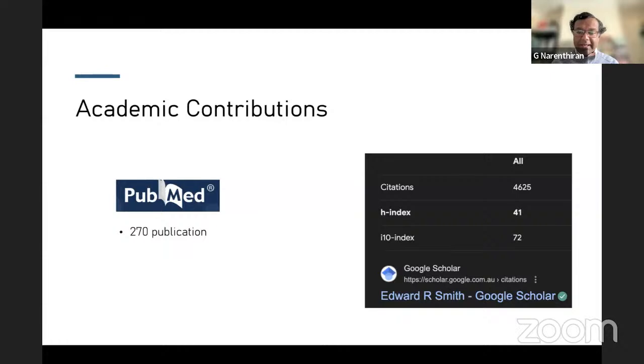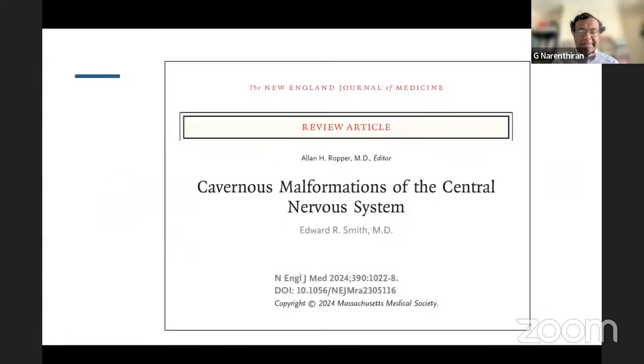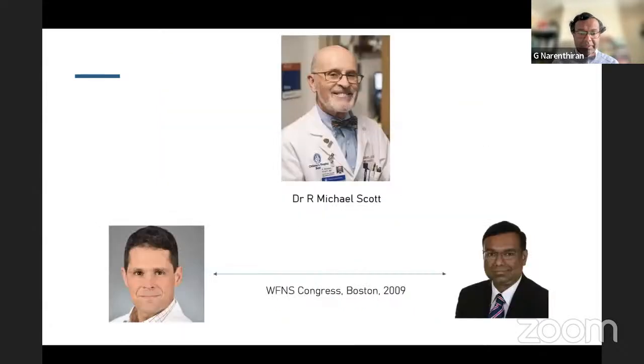And the i10 index is 72. 72 of his papers have been cited more than 10 times, which is pretty amazing. Earlier in the year, he published a review article in the Bible of Medicine, the New England Journal of Medicine. So we have the right person to give us this lecture.